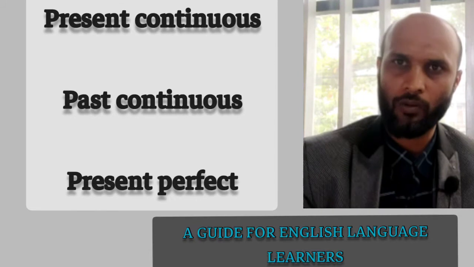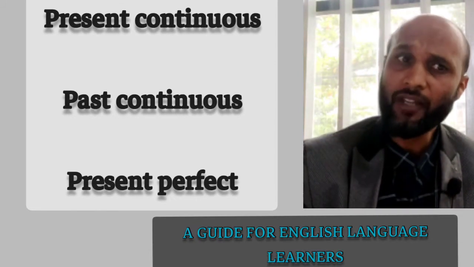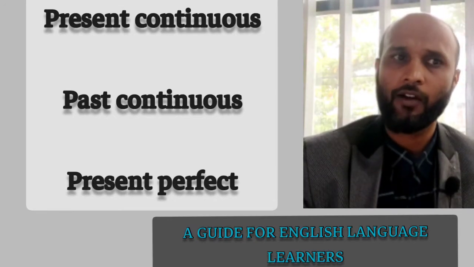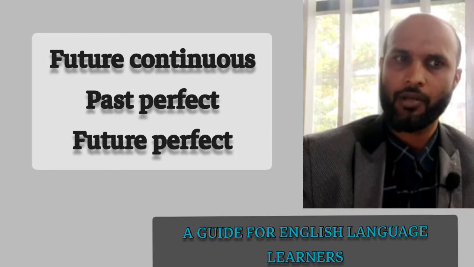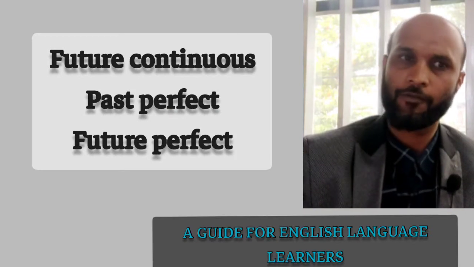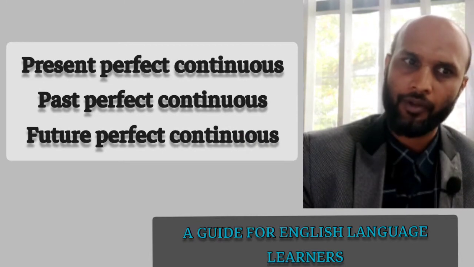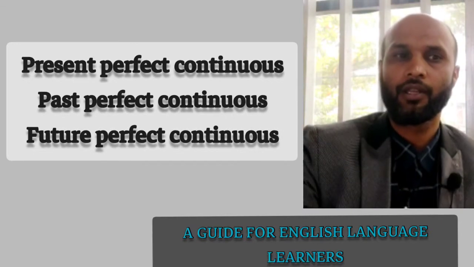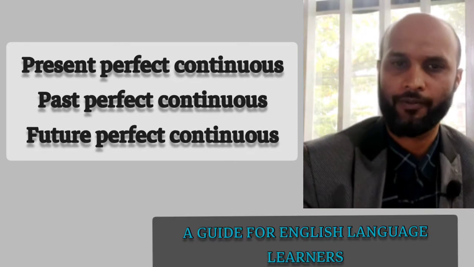The order I find most helpful for students after the first 6 is the following: future continuous, past perfect, future perfect, present perfect continuous, past perfect continuous, future perfect continuous. There are several resources you can use to learn and practice English tenses.